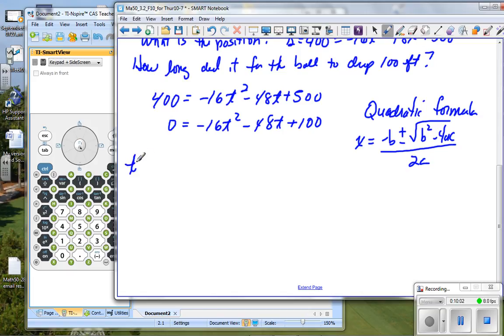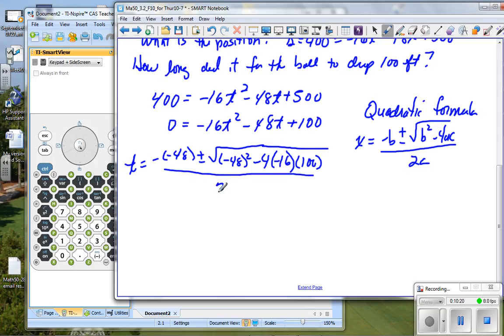So I can say that t equals the opposite of negative 48 plus or minus the square root of negative 48 squared minus 4 times negative 16 times 100, all of that divided by 2 times negative 16. Okay, again, something you did back in Algebra 2, if not maybe sometime in Algebra 1.